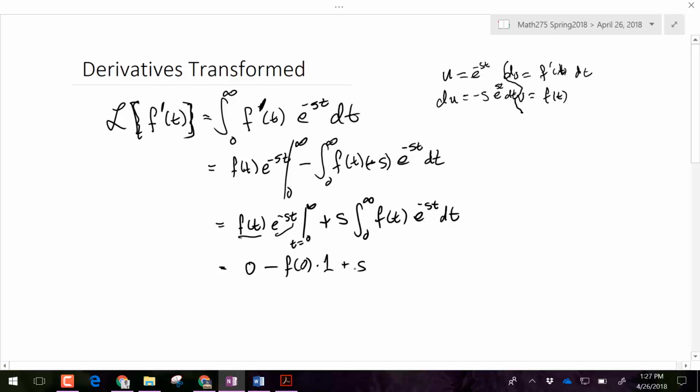And then we have an s times, what is this? How can we do that? Do we need to do integration by parts again? Yeah. Wait. This is the original Laplace transform of f.